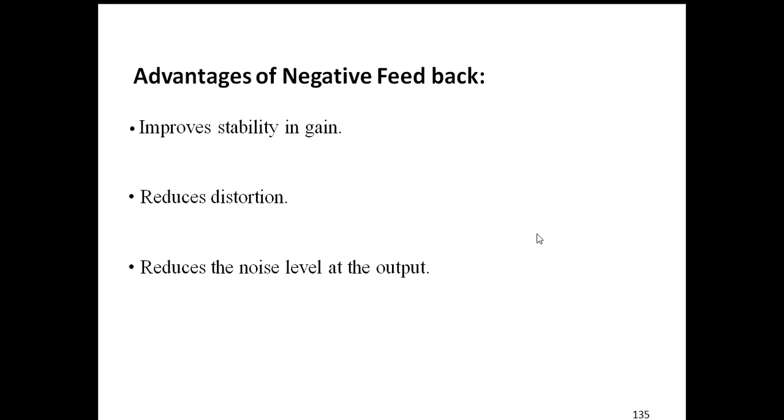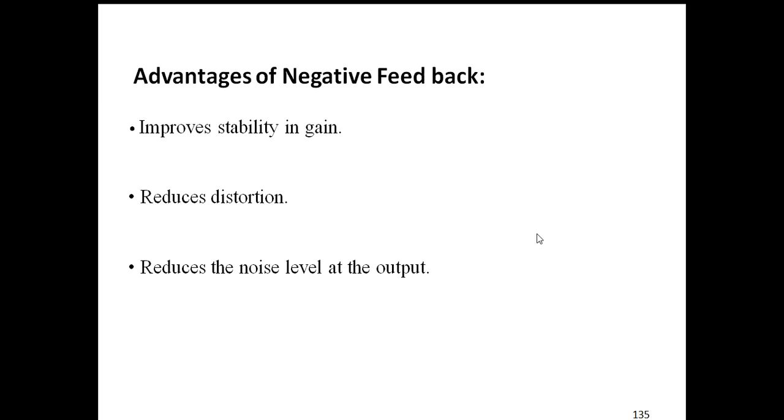He can give a better lecture next time because of negative feedback. Based on the problems the students faced, he can improve the demonstration in the class the next time. Therefore, it improves the stability in gain.